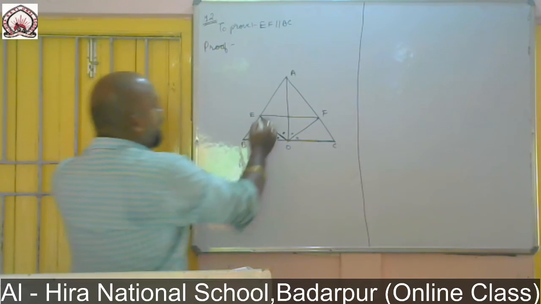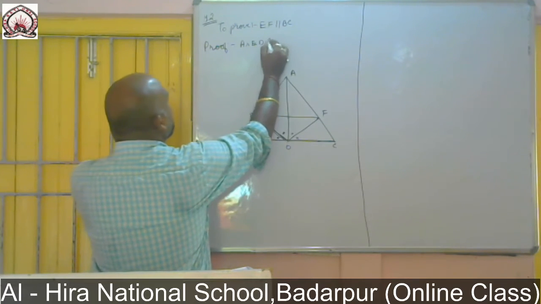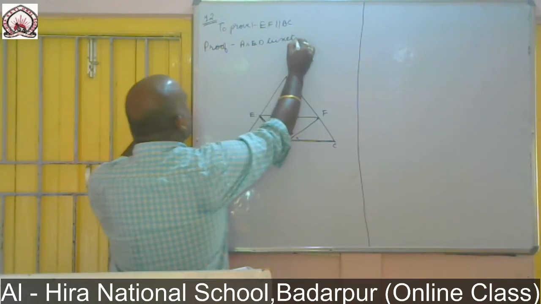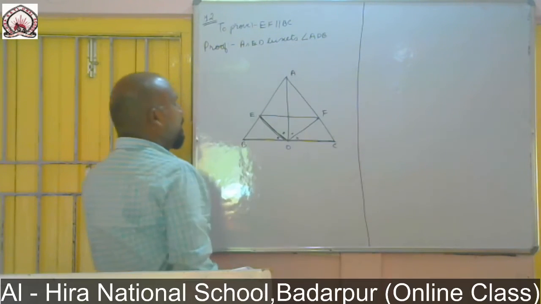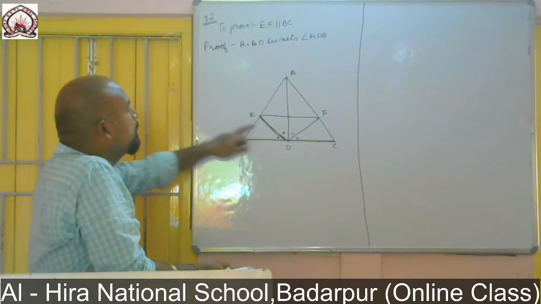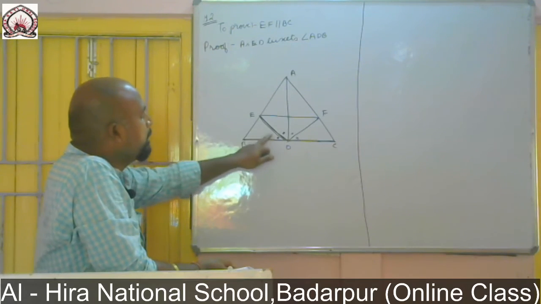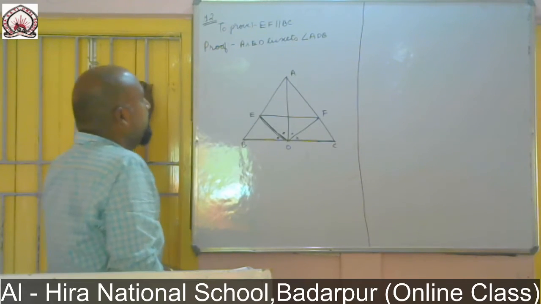Now, as ED bisects angle ADB, since this line ED bisects angle ADB, what you can write?